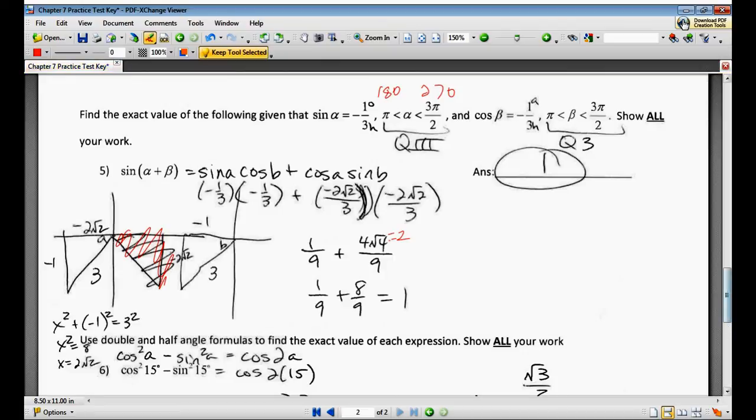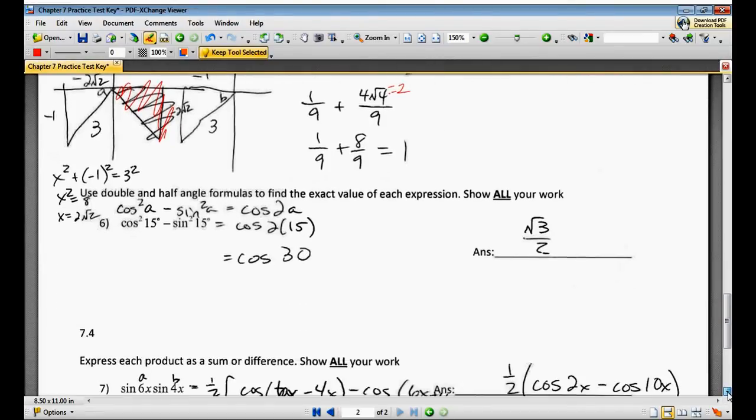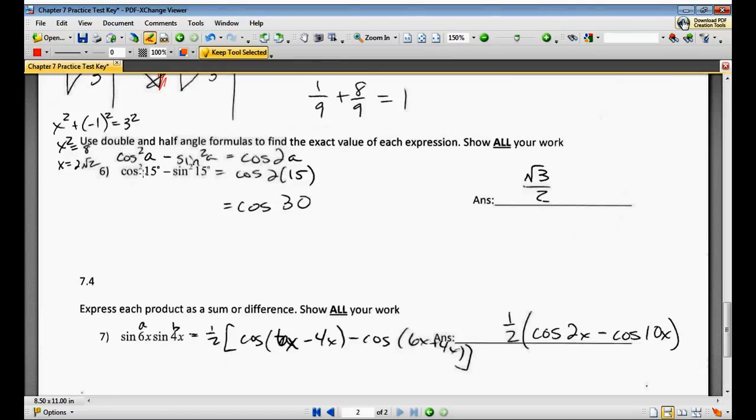Number 6 is a backwards problem. I want to say you had one similar to this on your quiz. So we have a problem that matches up with cosine squared A minus sine squared A. And if you look at your identity sheet, that equals cosine 2A.